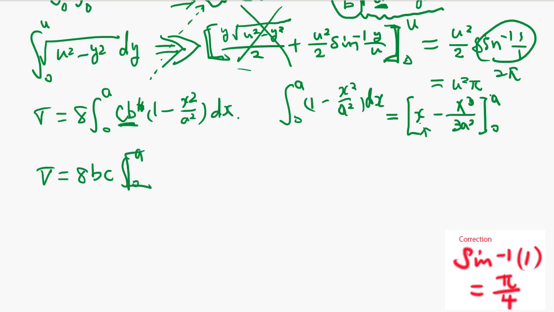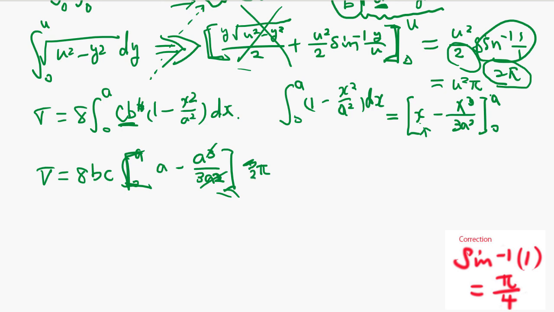It's already taken the integral, so a minus a cubed over 3a squared and 0. And this is going to be, don't forget this, and this dropping all over pi. Don't forget the pi.